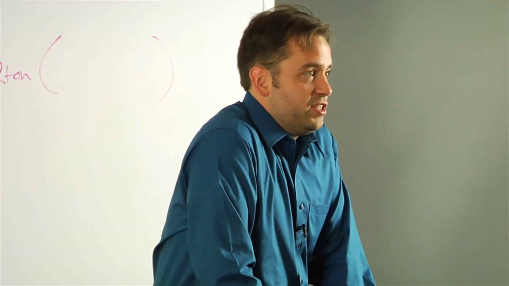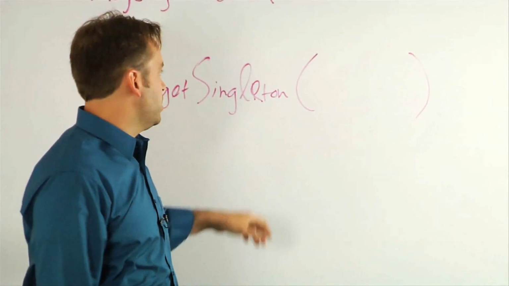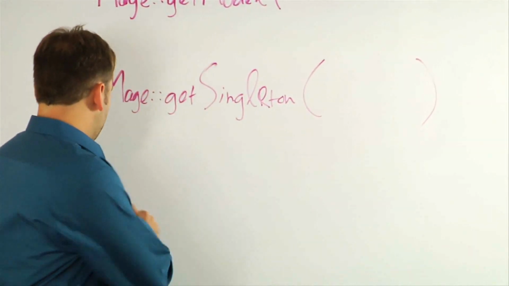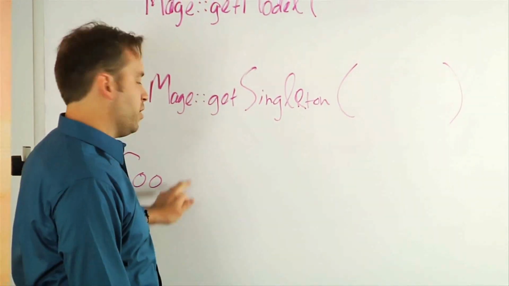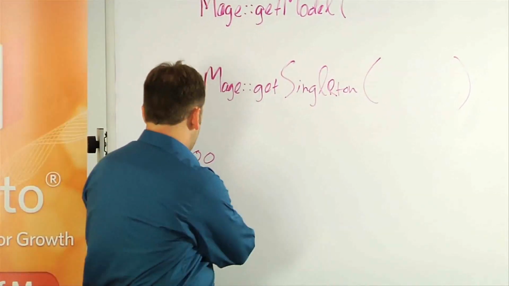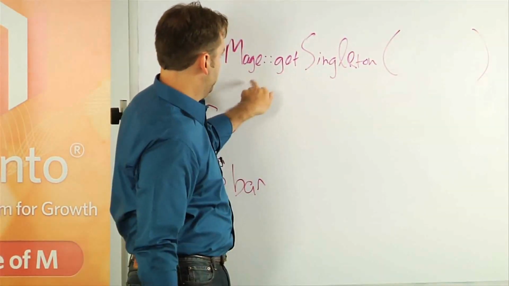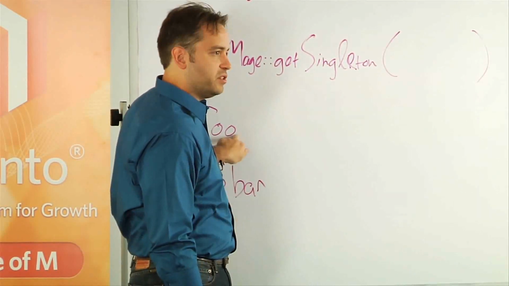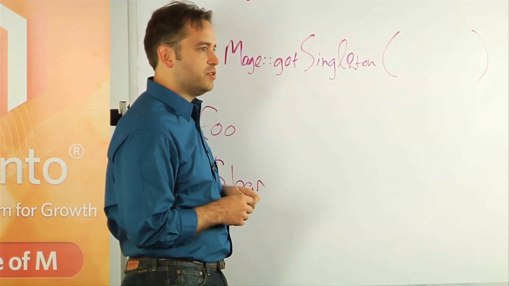Basically, the class instantiates itself, or there's some factory method like we have here that will get an instance of an object.